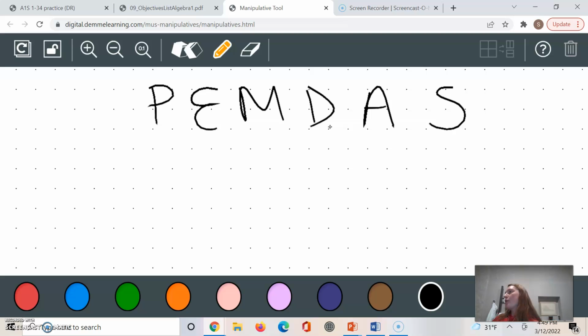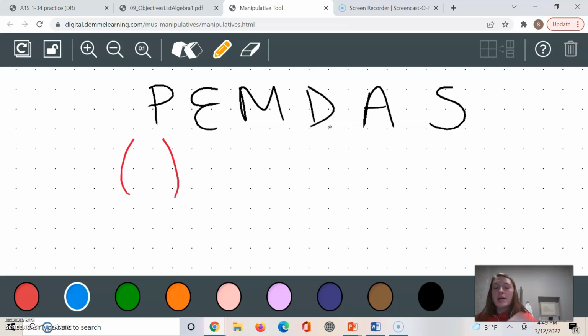You have definitely heard of PEMDAS before. The P stands for parentheses. So any numerical value that you see in parentheses would be the P in PEMDAS. Say, for example, we have a 4. That would represent the P in PEMDAS. You would take a look at the 4 that is located in parentheses.